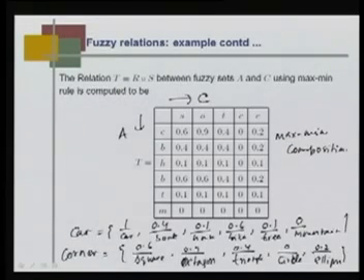So, although we found this matrix by the max min composition principle, you can find the same thing simply by looking at these two sets, car and corner. When I relate car, which has membership function 1, all these membership functions will be minimum with respect to 1, so they will be 0.6, 0.9, 0.4, 0 and 0.2.